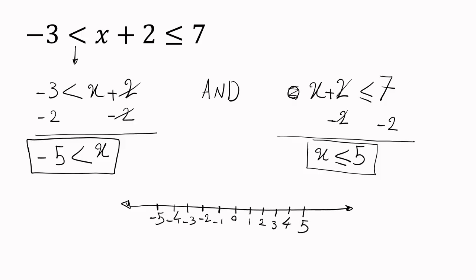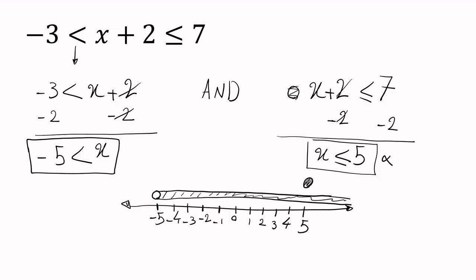Okay, the first one says x is greater than -5. Greater than, and -5 is not included, so open circle. Greater than means I must move toward the positive direction. So this is gonna be my first range. And the second range says x is less than or equal to 5.